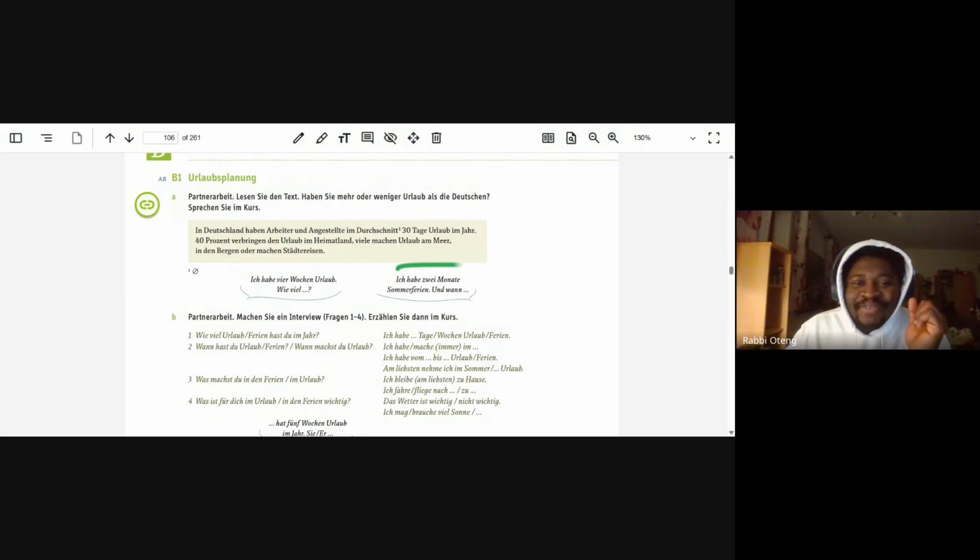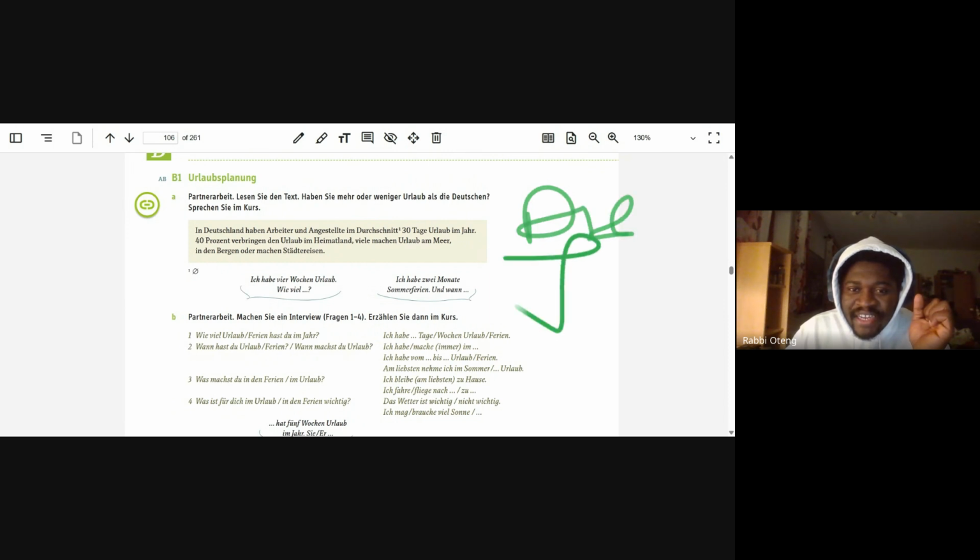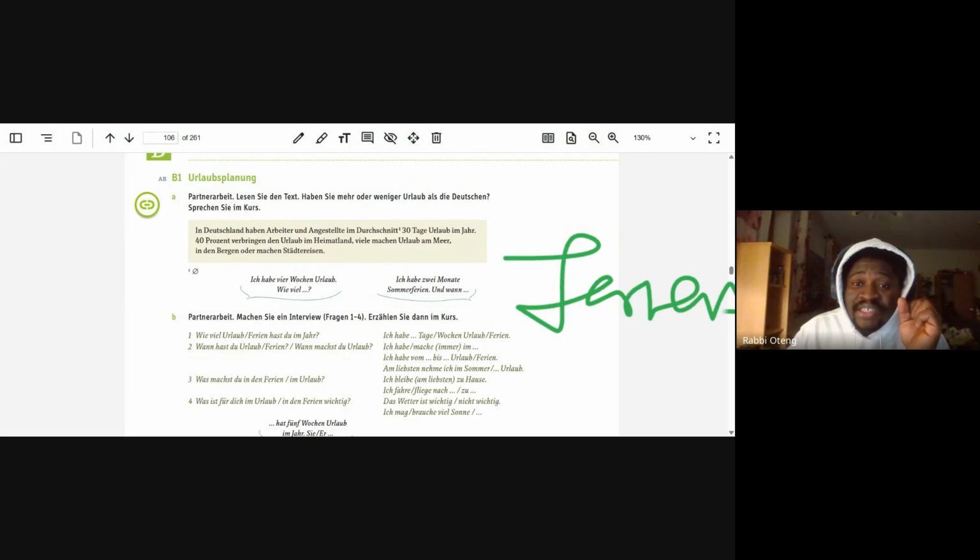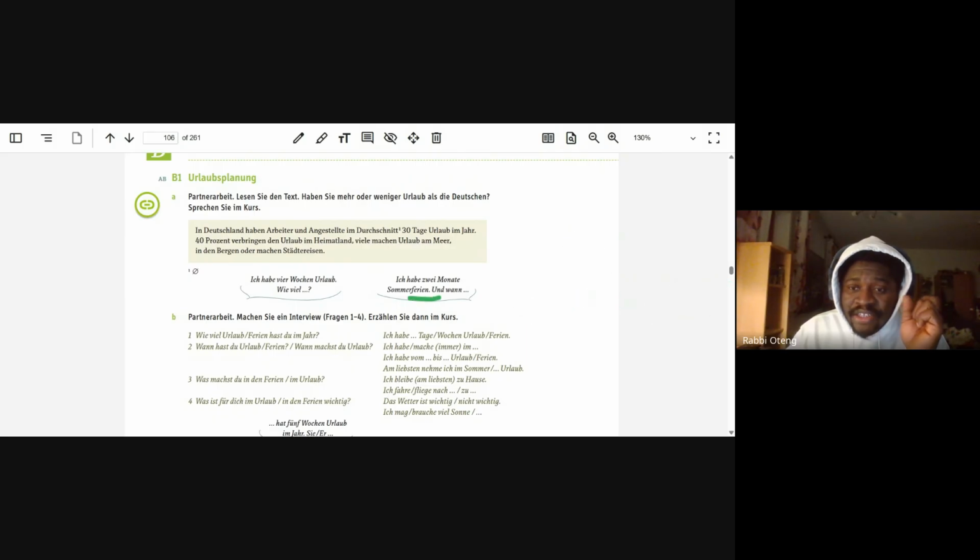Then ich habe zwei Monate Sommerferien. You can also say summer instead of saying Urlaub, summer holidays. Die Ferien means holidays, and Ferien is plural.